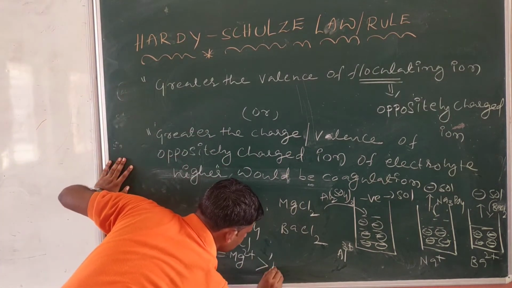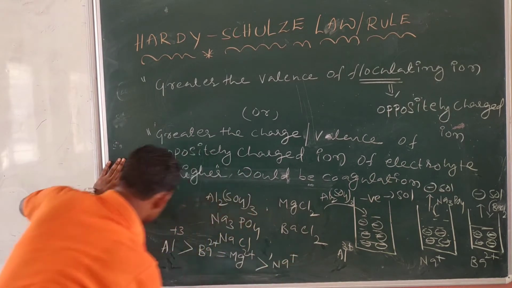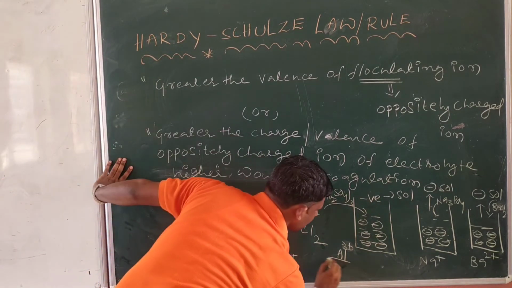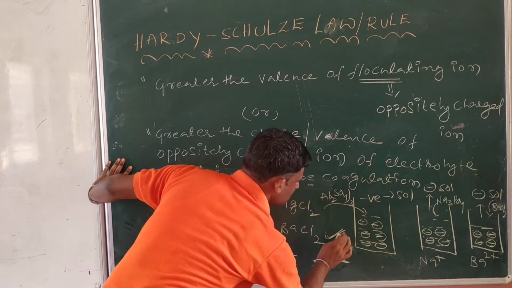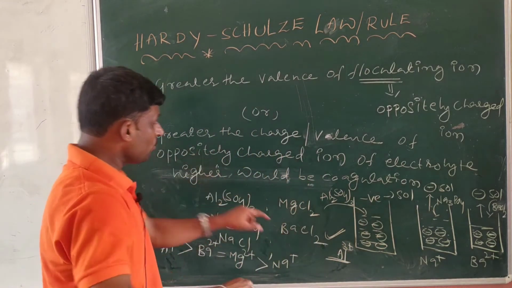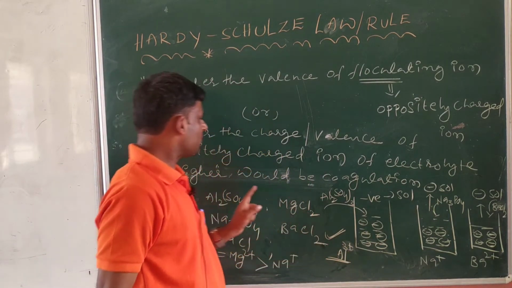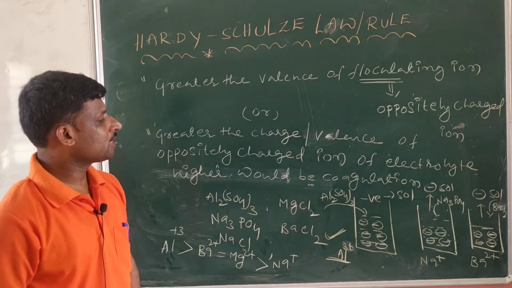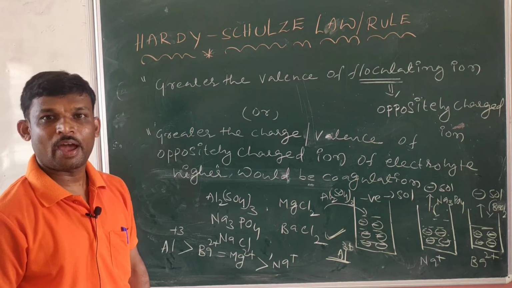And Na+. So the one with the higher valence, Al3+, gives higher coagulation. Are you getting my point?